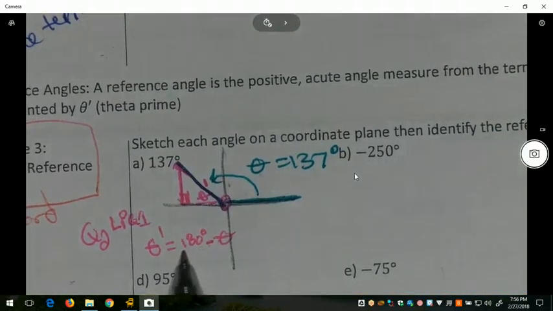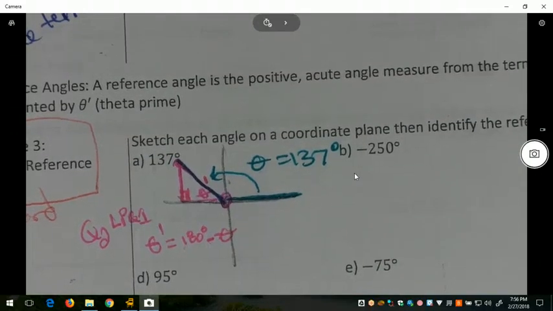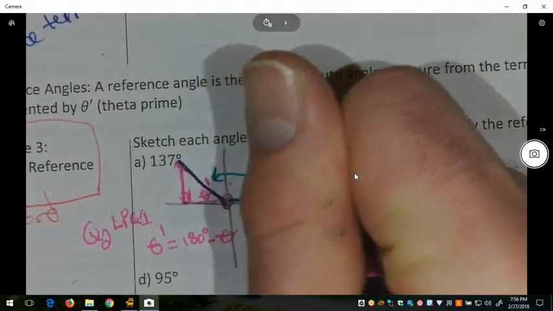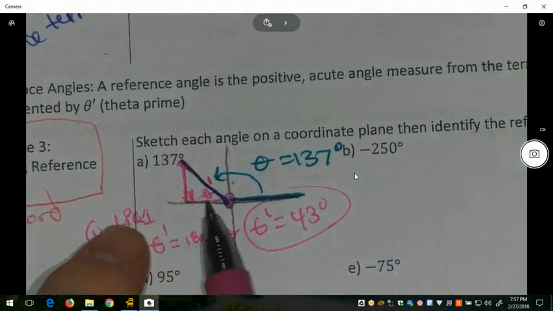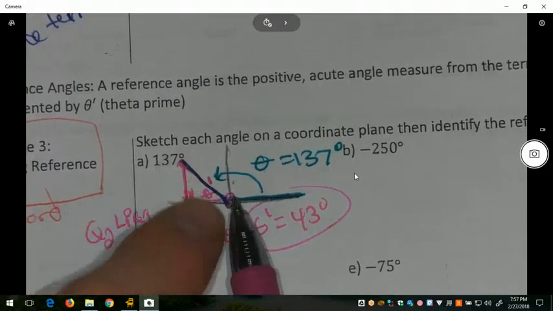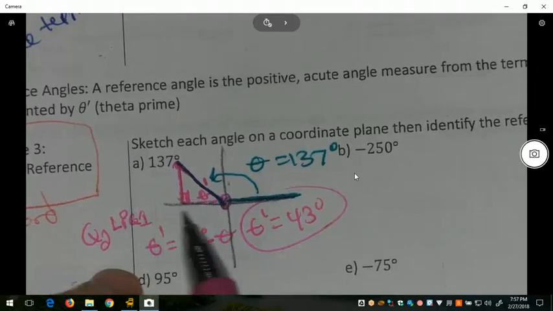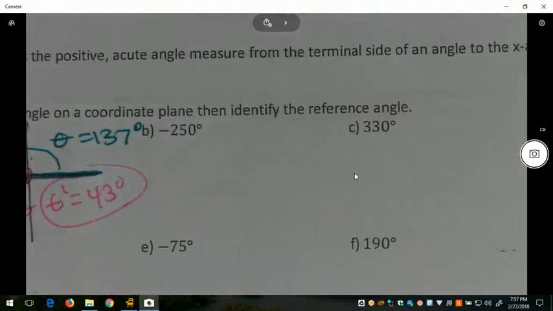So 180 degrees, because these two add to 180, 180 degrees minus 137, 180 minus 137 is 43 degrees. So if I'm going to do anything in this triangle or solve this, if I actually knew lengths for this and wanted to find the other stuff, I'd be using a 43 degree angle and SOHCAHTOA to find the other side lengths.